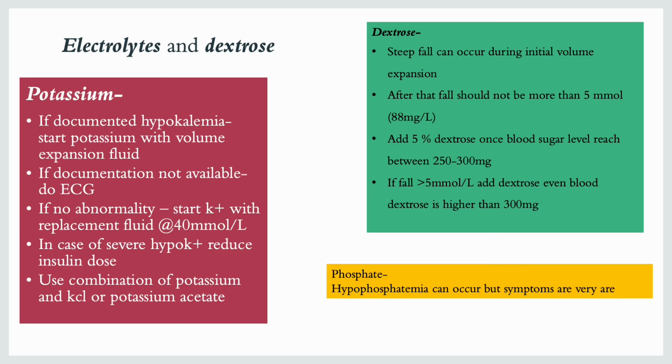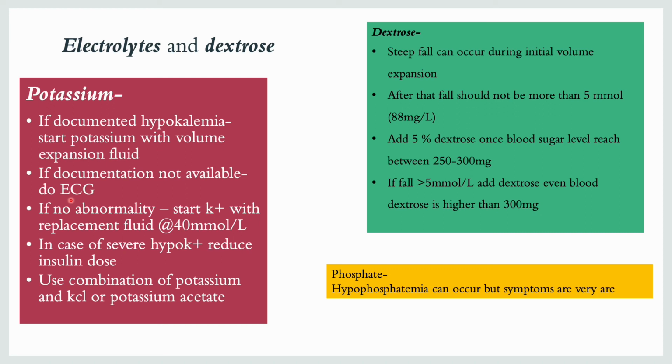Okay. So now coming to a few more slides on potassium, electrolyte and dextrose. Regarding potassium, if hypokalemia is documented, start potassium with the volume expansion. If not, then give potassium-free fluid in the expansion fluid. If documentation of potassium is taking time, then you can do ECG.